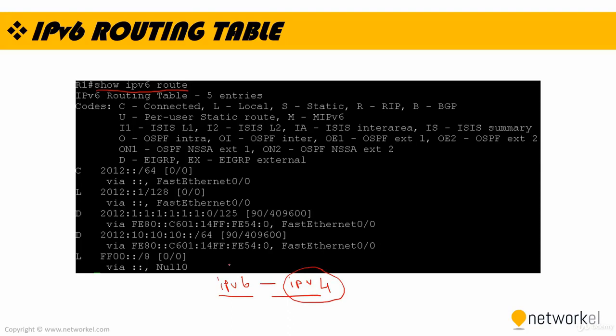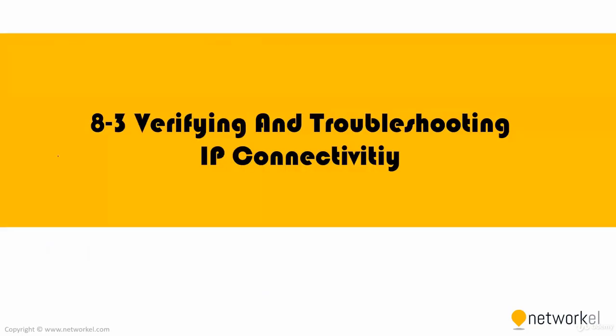But if I want to display the IP version 6 routing table, I need to use the show ipv6 route command. But we have the same logic in the routing table, as you can see. As you will remember, C means connected, L is local, D is EIGRP, and I also have my networks and my next hops. That's the same logic as the IP version 4 routing table.